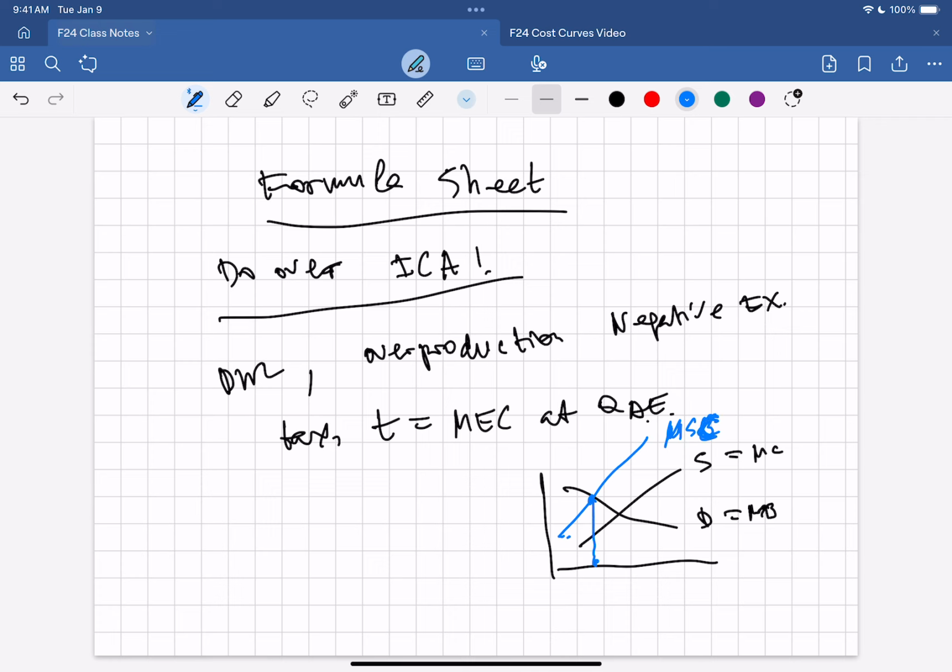That's the point of allocative efficiency, and you figure out your tax as the size of your marginal external cost at the point of allocative efficiency.